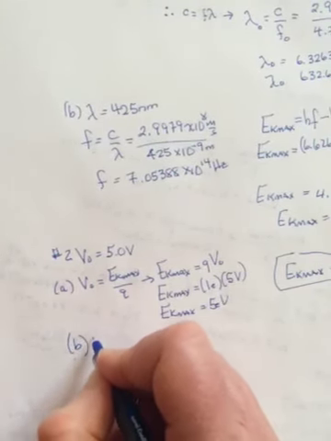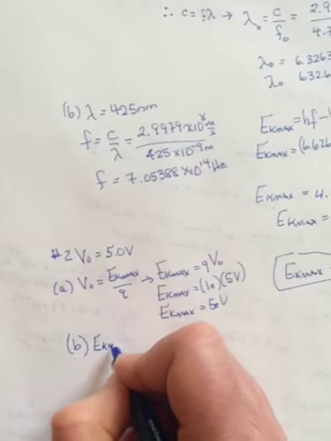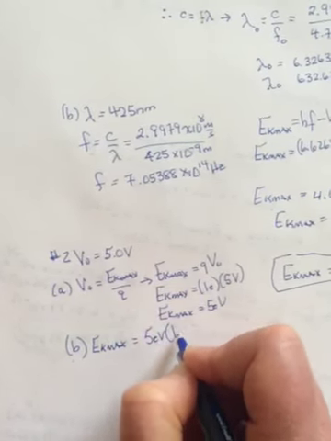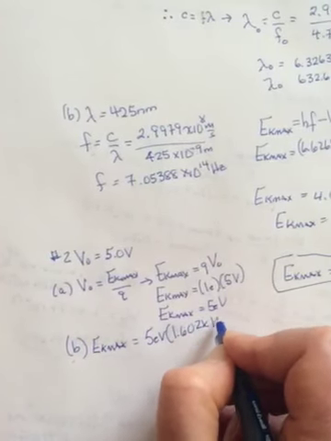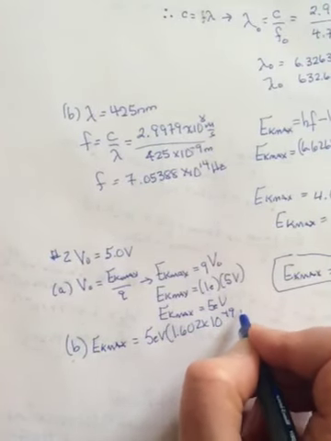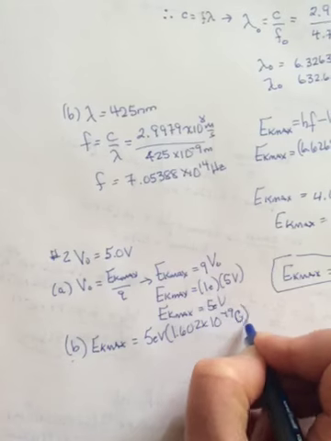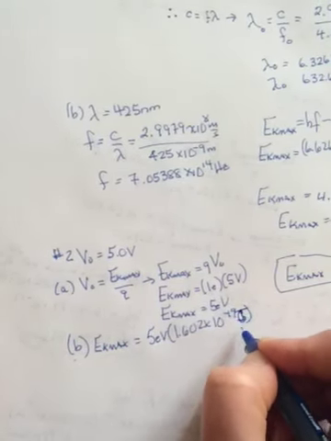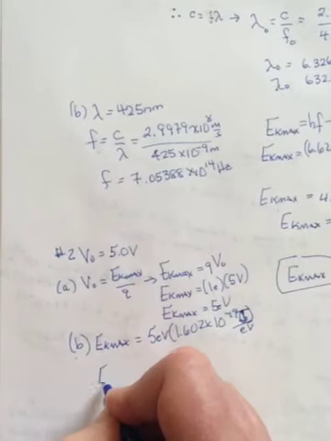And then changing that into joules, 5 electron volts times 1.602 times 10 to the negative 19 coulombs. No, sorry, so used to writing coulombs, joules per electron volt.